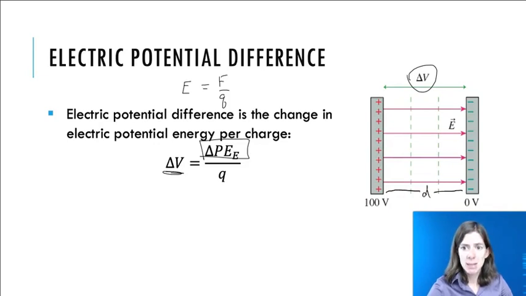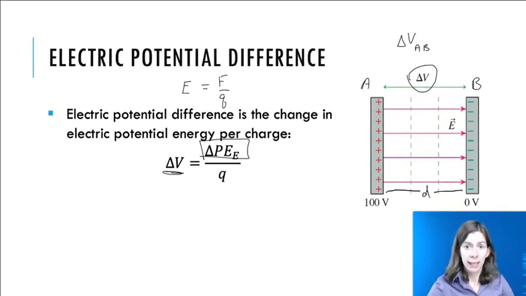If we call this plate, or point, A over here and B over here, then we could also call this delta V AB, the potential difference between points A and B, or from A to B. However you want to label it, usually for short we might just say delta V.